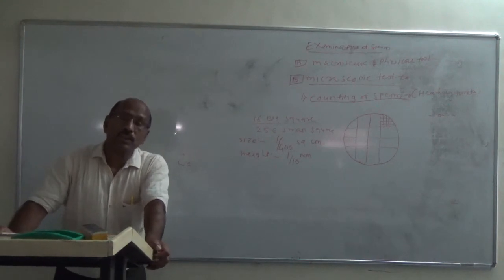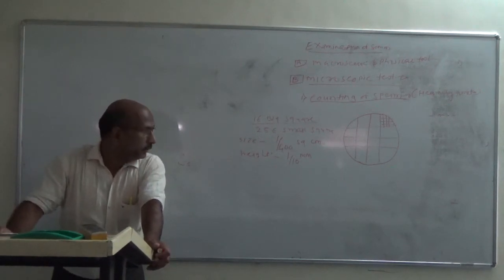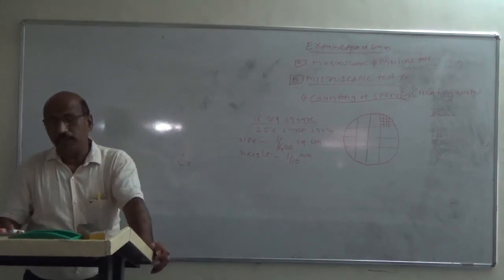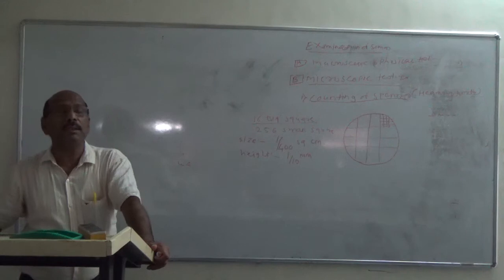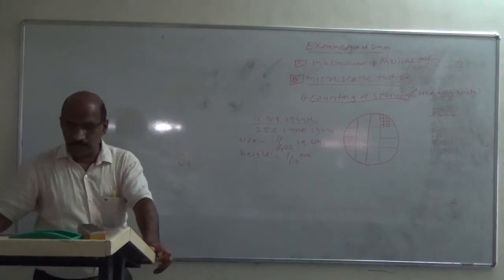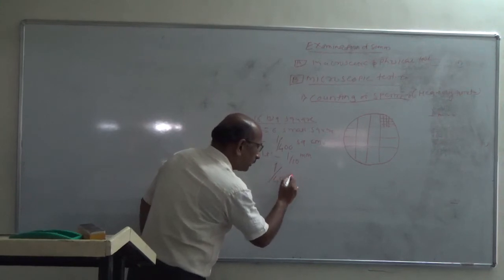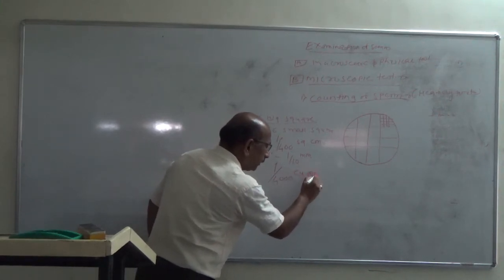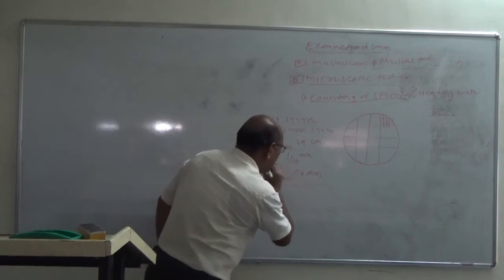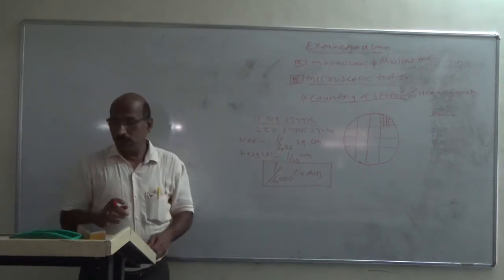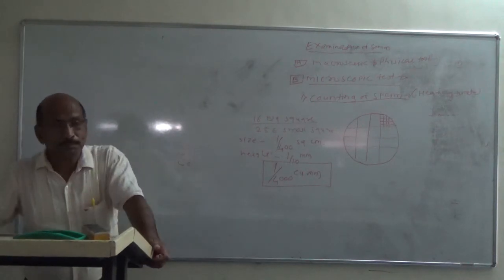Therefore, the space available in each small square is about 1/4000 cubic millimeter.